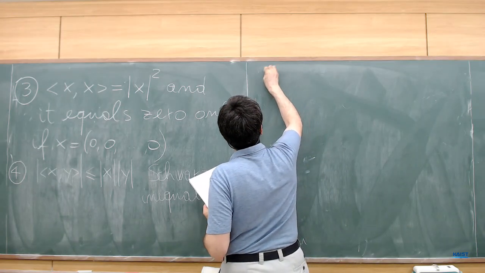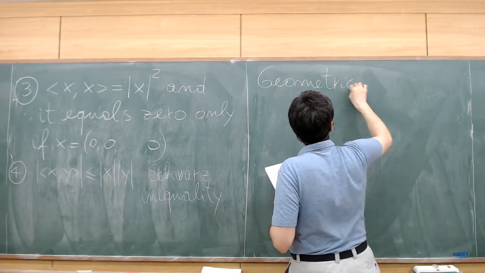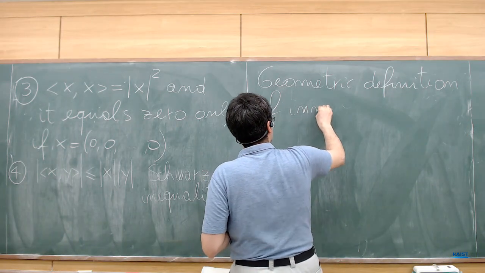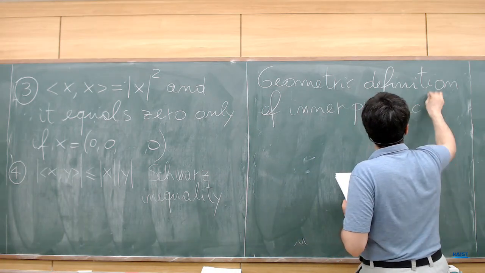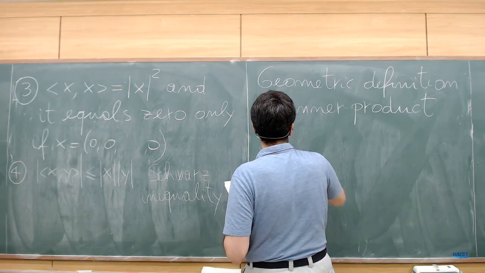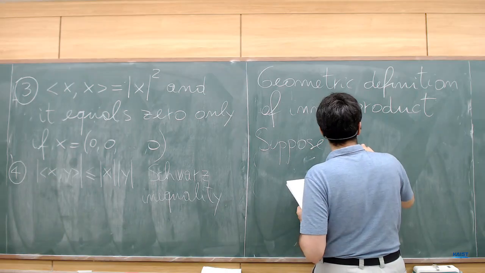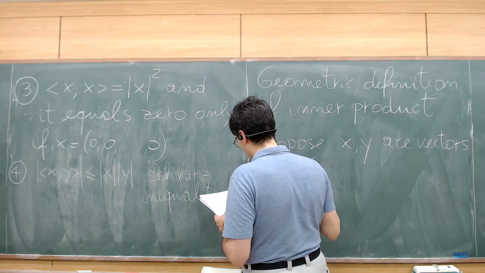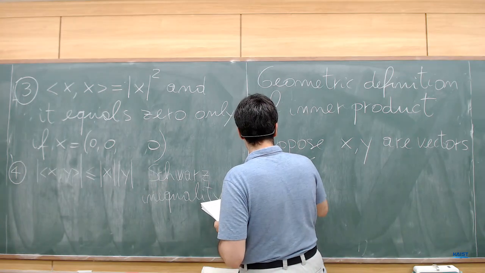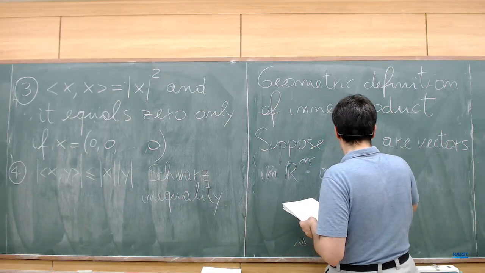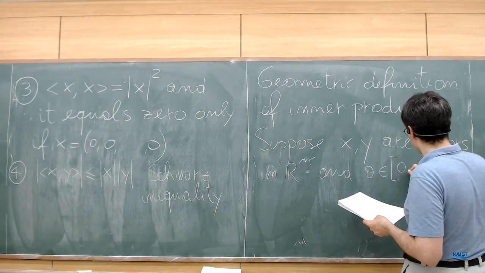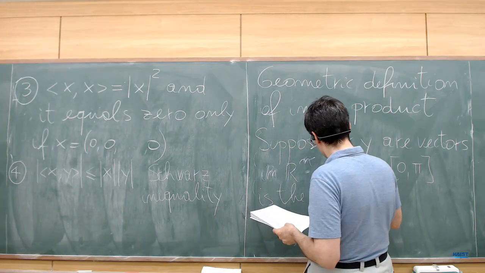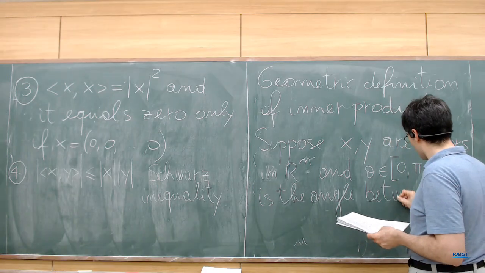So suppose that x and y are vectors in Rn, and theta, varying in the range 0 to pi, is the angle between them.